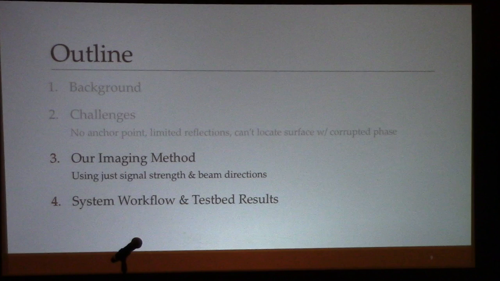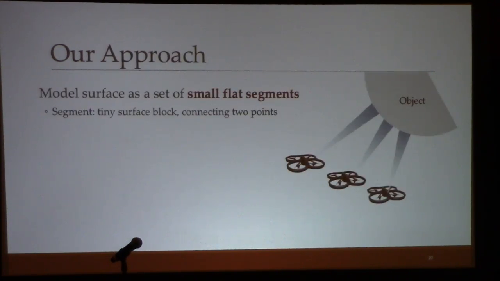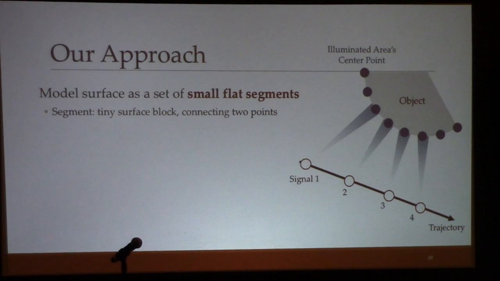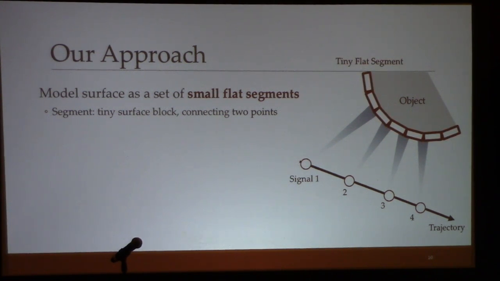So next, let me talk about how exactly we can do imaging with just the 60 gigahertz beam directionality and the signal strength. The key of our solution is to model the surface in a way so we don't have to pinpoint or locate each individual point on this surface. What we did is to consider the surface as a sequence of small flat segments.